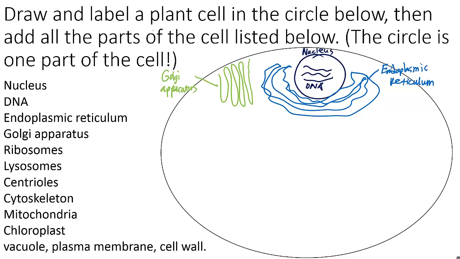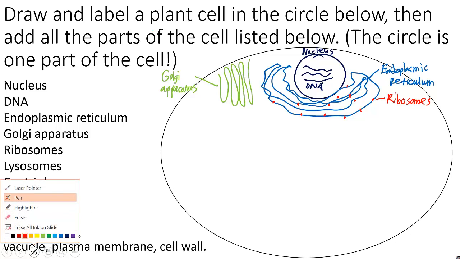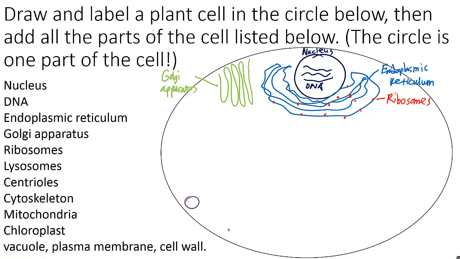I also need some ribosomes. Well, if you remember, ribosomes should be on the endoplasmic reticulum, because they're right there. Those are ribosomes. Now I need some lysosomes. Oh, those are easy. I can just draw a few little circles right here. These are lysosomes.